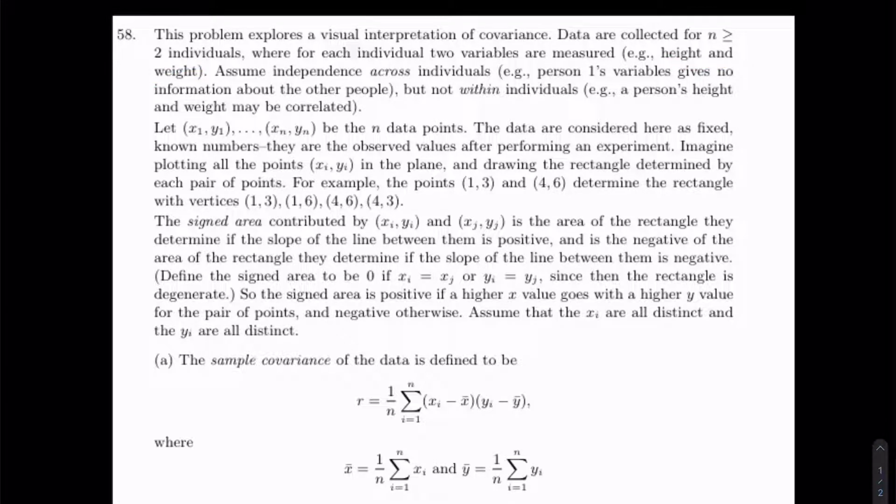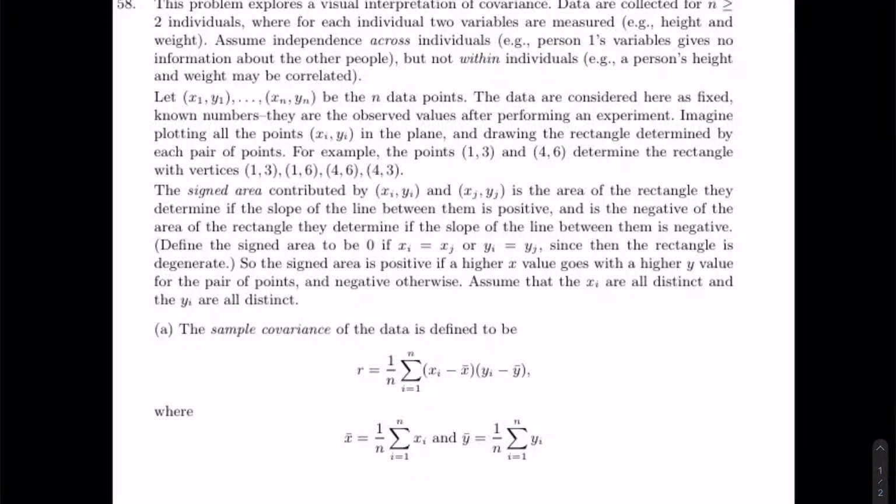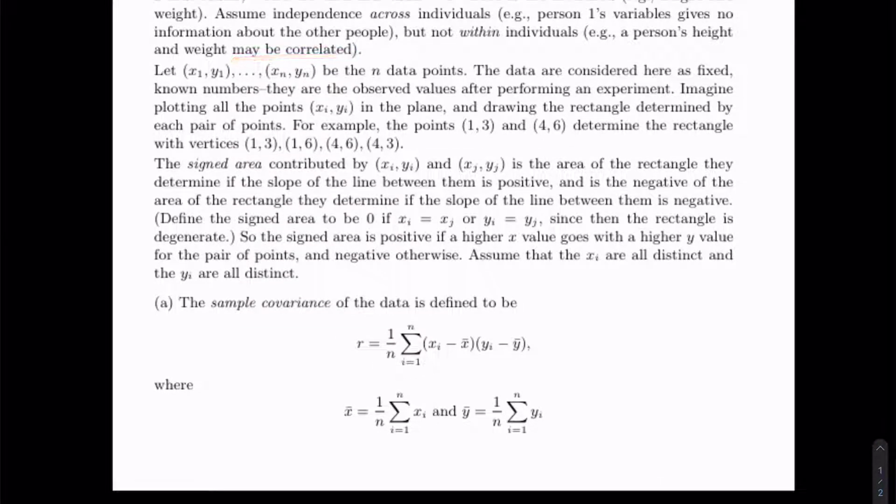We're going to assume independence across individuals, but not within, right? So heights and weights might be correlated, as the information is given here. We are letting the pairs (x1, y1) up to (xn, yn) be the n data points. These data are considered to be fixed, so they're given.